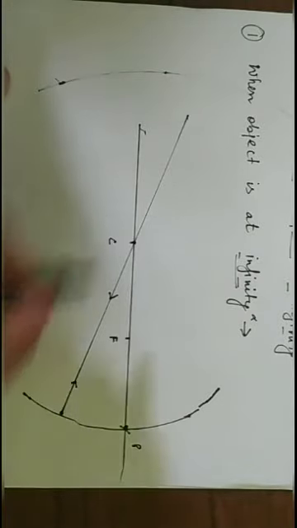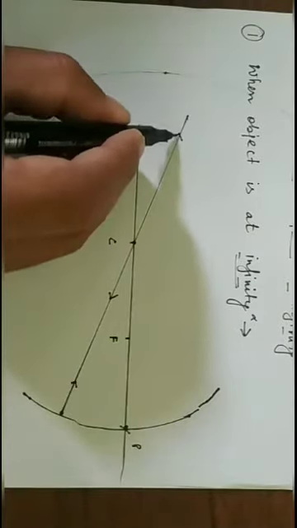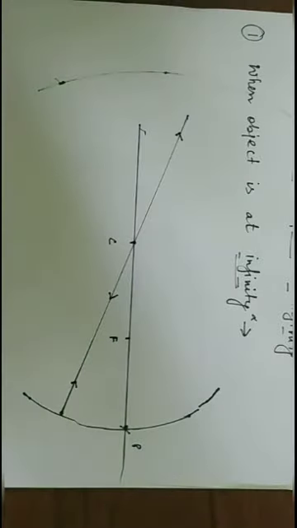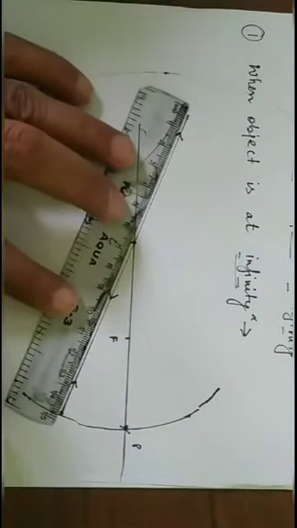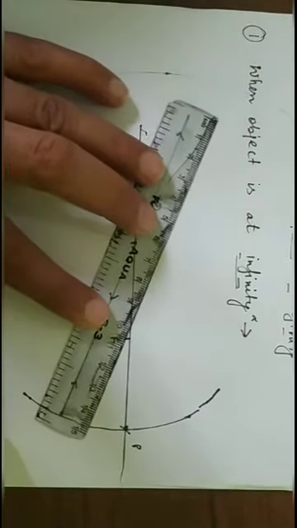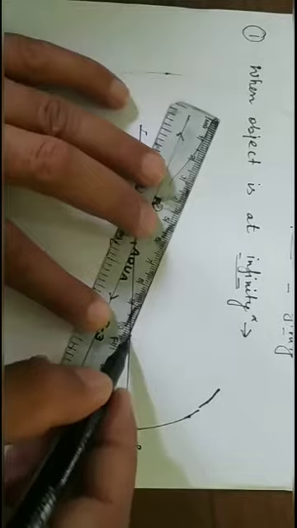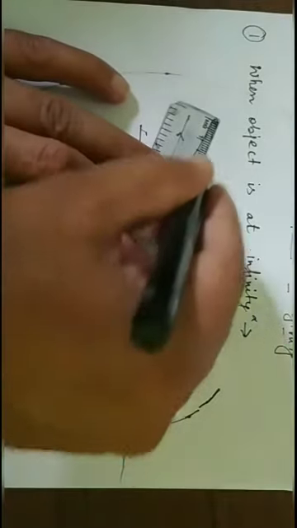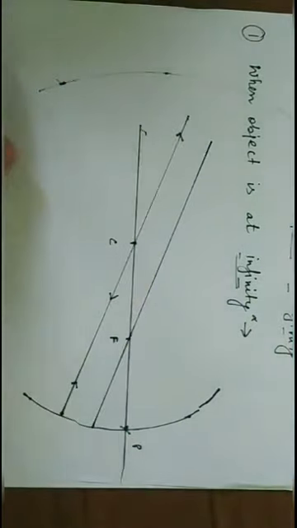It comes back along the same path. Now the second ray: as the object is at infinity, so the parallel lines, I will draw the parallel line which is passing through the principal focus. This is our second incident ray.